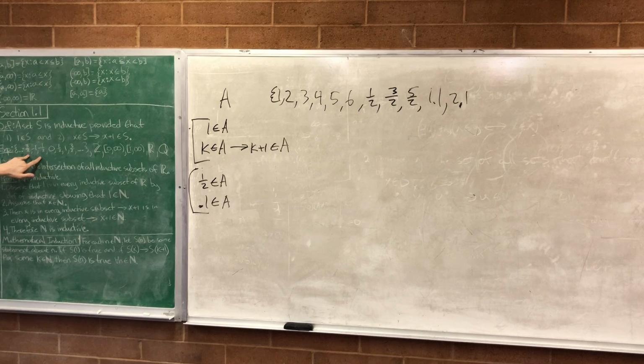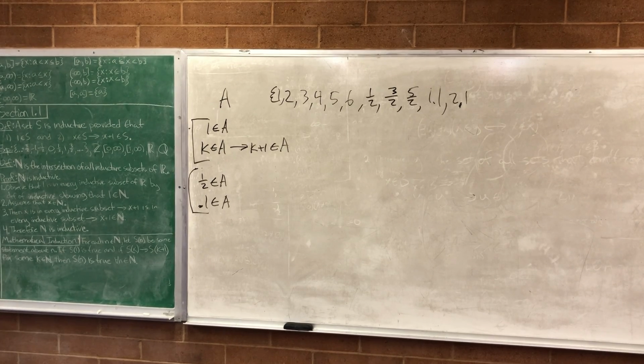So, does it make sense that this set is an inductive set? You need to check two conditions. One, is 1 in the set? Yes. Two, is it true that for every number in the set, that number plus 1 is also in the set? You probably should have put 2 in there. Yeah, 2 is the next number that comes here, negative 2 is the next number that comes here.